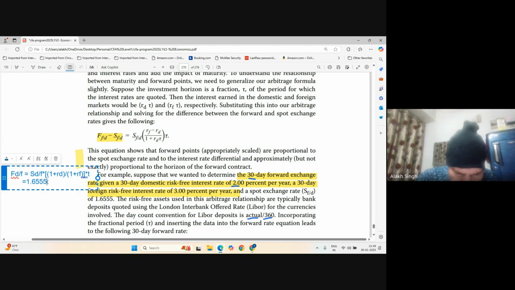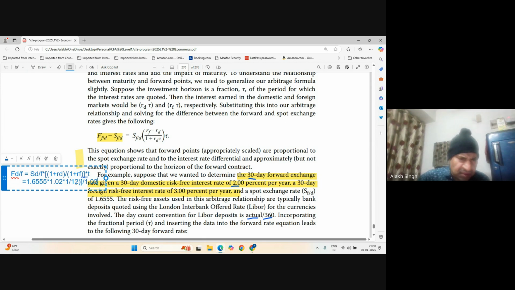And then, how much is 1 plus RD? 1 plus RD, domestic risk, is 1.02. So 1.02, and then T is 1 by 12. Well, I have to divide by 1 plus RF, so I will put that in the end. How much will be 1 by 12? Times 1 by 12 and whole divided by 1.03. Oh, okay.